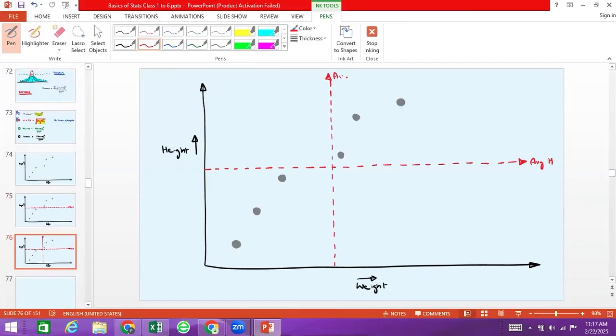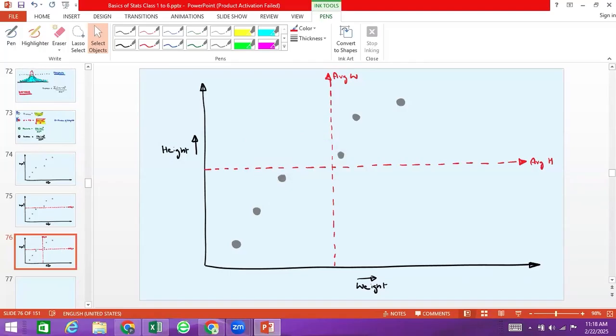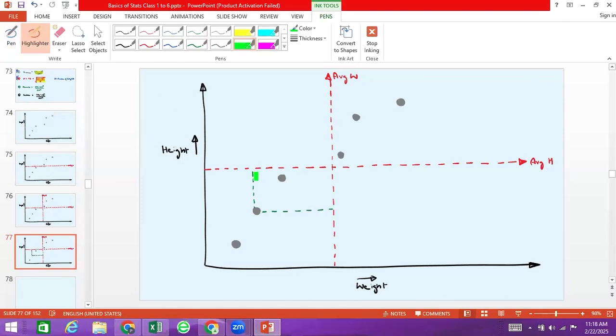This is my average weight, that is average H and average W. Now the next thing that I need to do is, for each point, I will try to find the area. For example, let's take this point. I want to calculate this area. This much is the area.